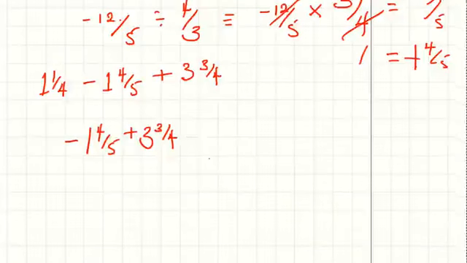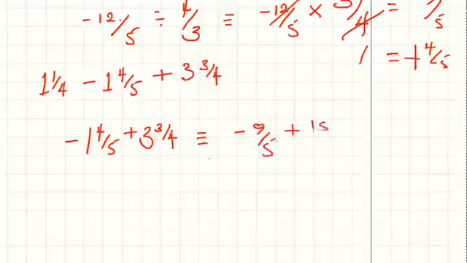Adding these two, what do we have? When we have something like this, we can change it into improper fractions for easier workout. So this is equivalent to negative 9 over 5, plus this is 12. 12 plus 3 is 15, 15 over 4.